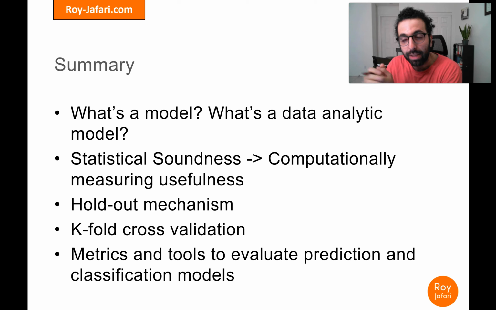That's what we learned here. We learned the holdout mechanism, k-fold cross-validation, and a bunch of different metrics and visualizations to capture performance. Now we're starting to learn how we could computationally measure the usefulness of our analytic models. Until the next video.